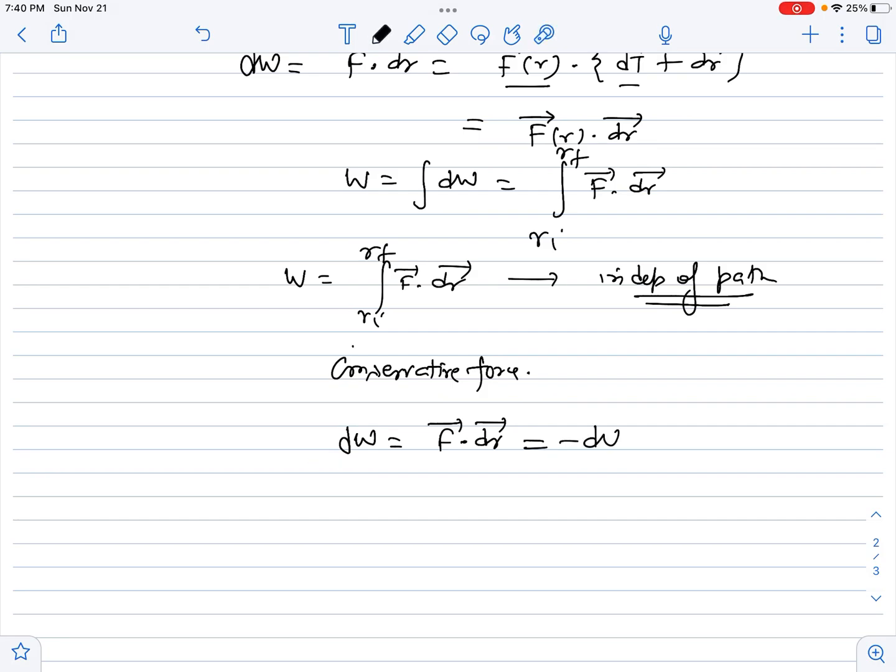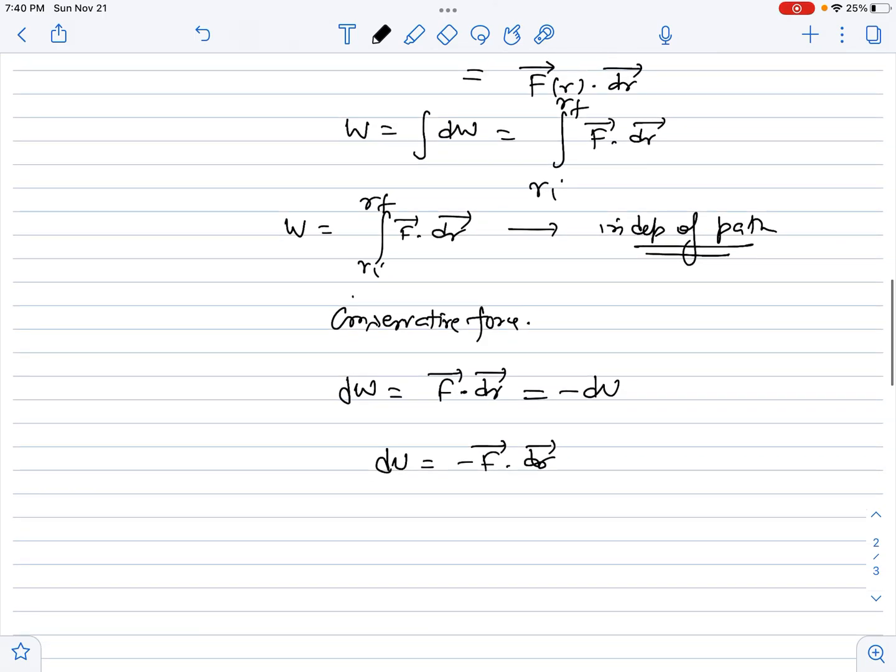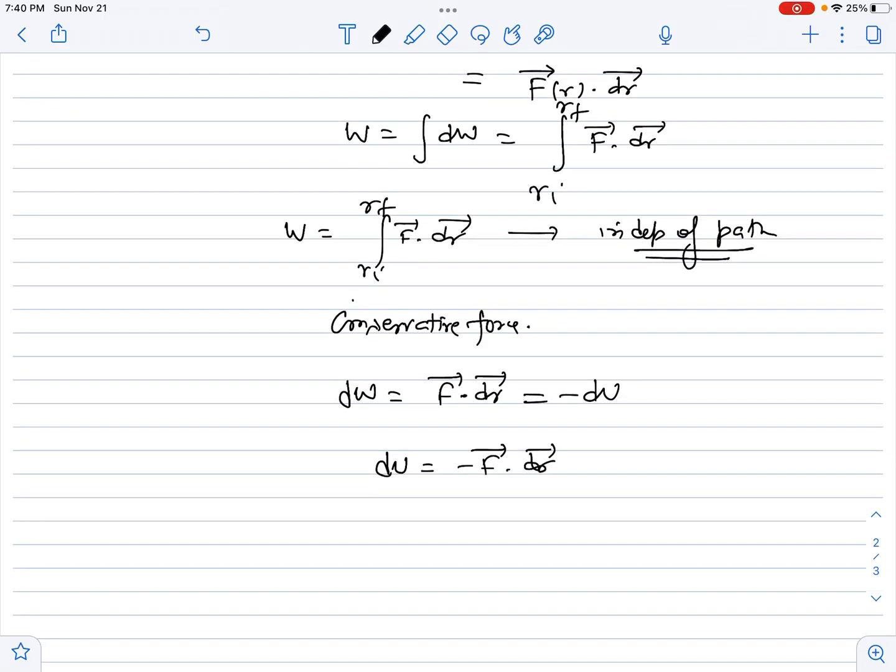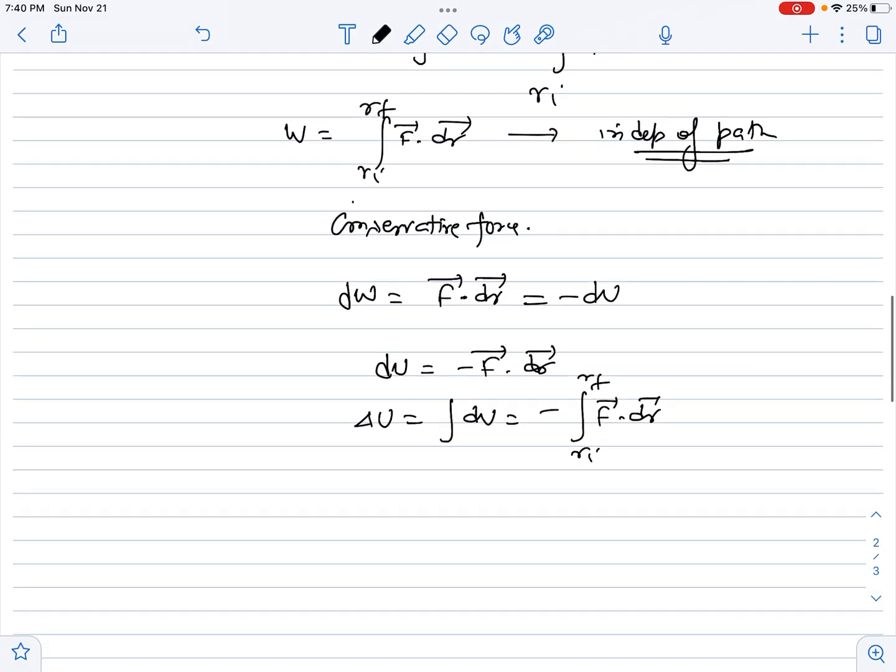We discussed in an earlier chapter that dW is equal to minus dU, so dU is equal to minus F dot dr. To find the change in energy, delta U, you integrate this term from ri to rf.